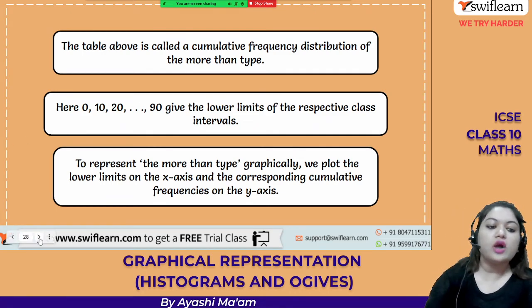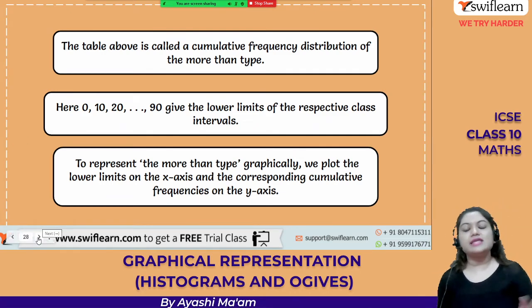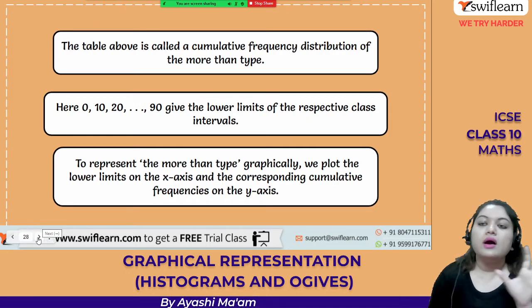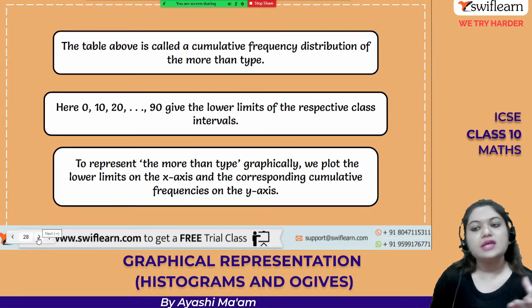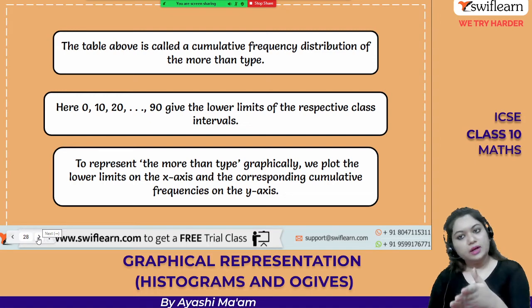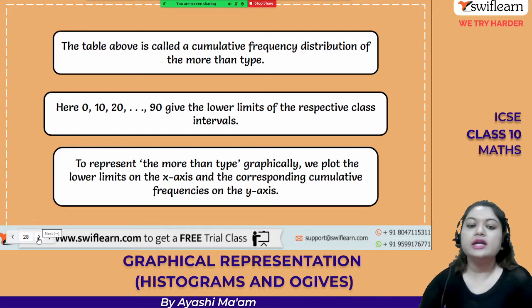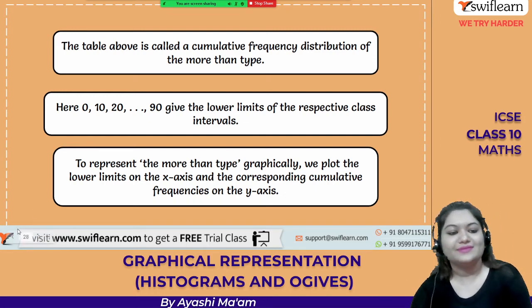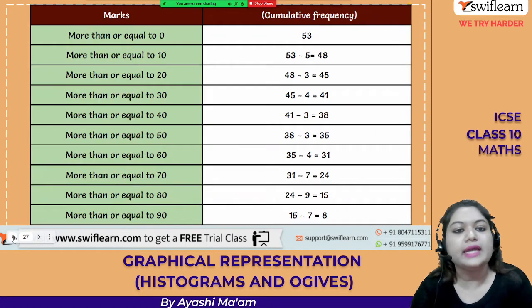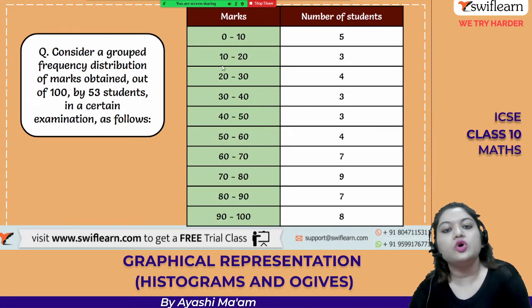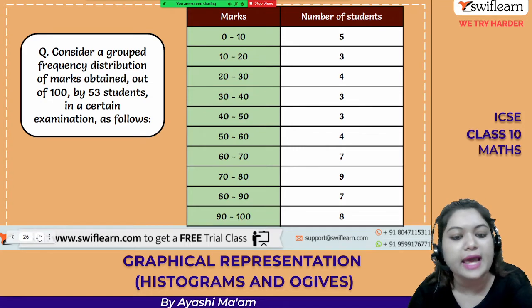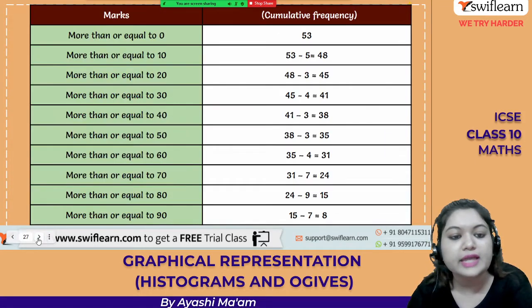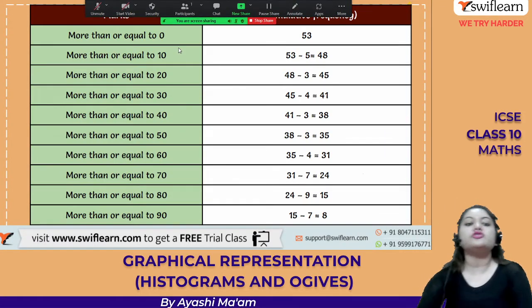Now, what is the difference? Previously in the less than type, we were taking the upper class limit as the x coordinate. Here, we will simply take the lower limit. That means 0, 10, 20, 30, 40, like that up to 90. From here also you can find it out.